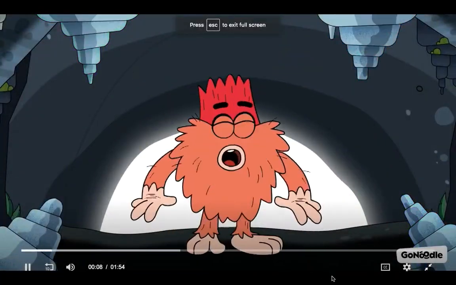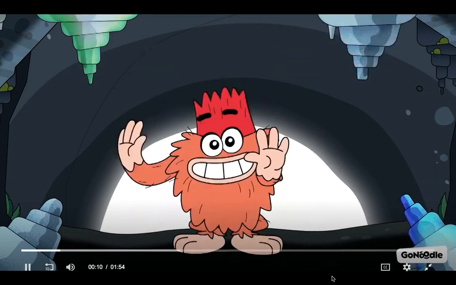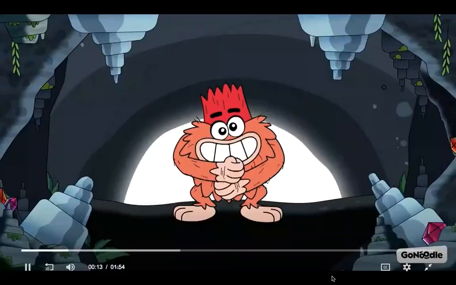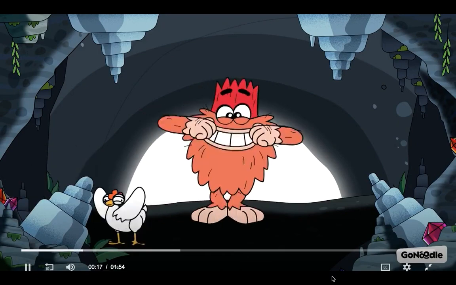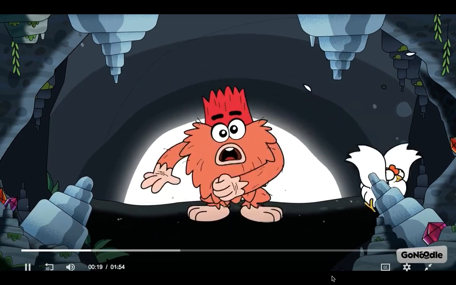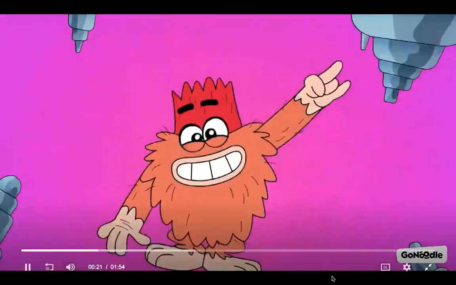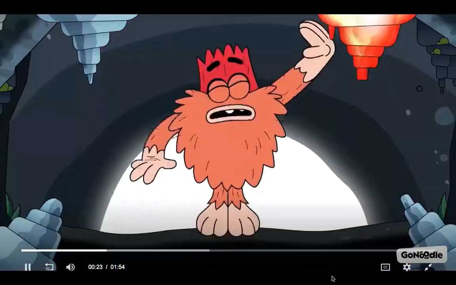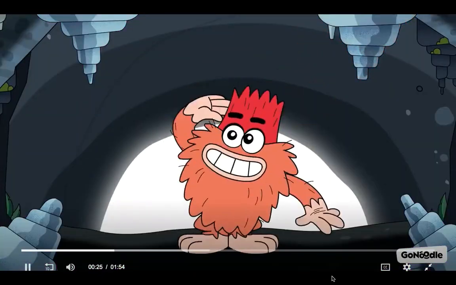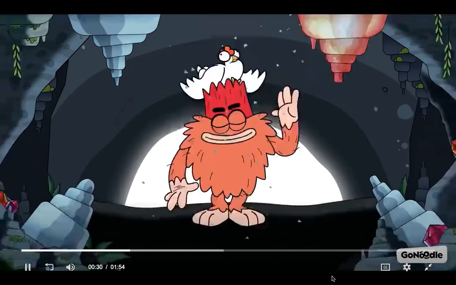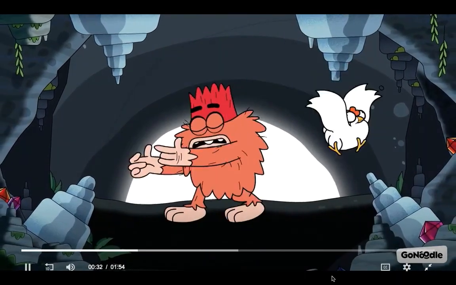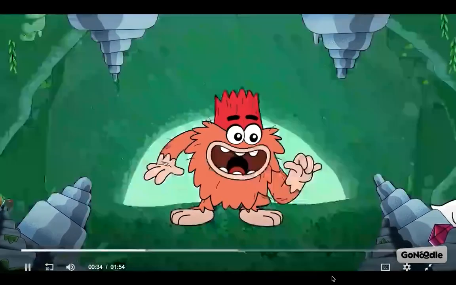Squatchy like peaches. Squatchy like beaches. Squatchy like chicken. Squatchy like toes. Squatchy love rock, rock, rock. Squatchy love the rock and roll, especially the rock.